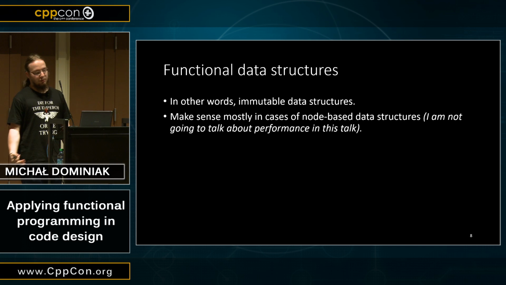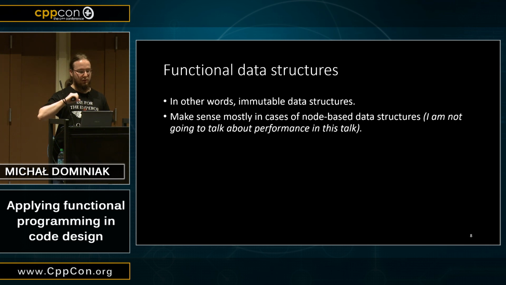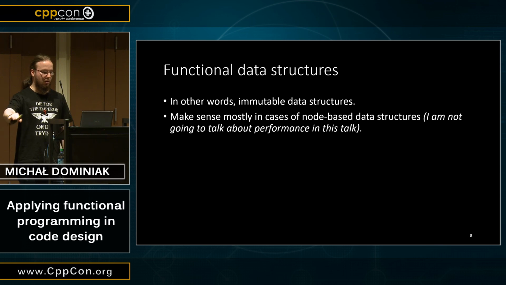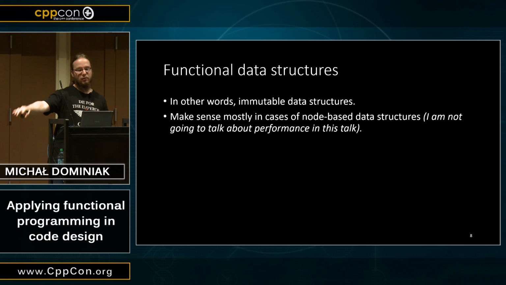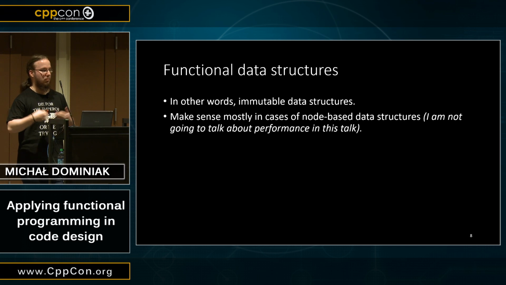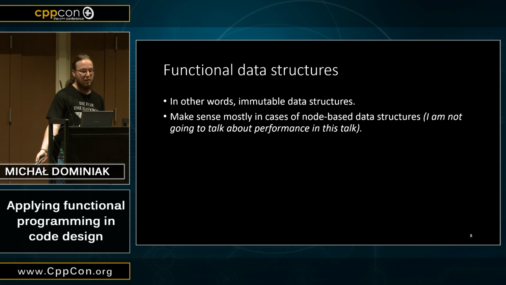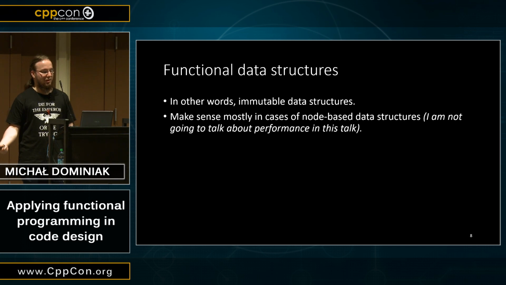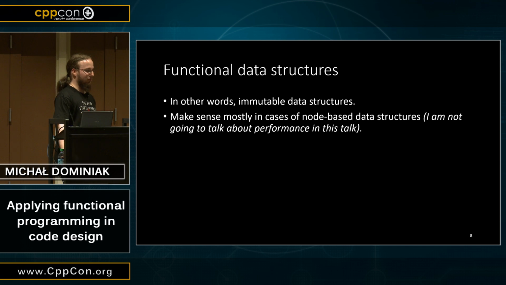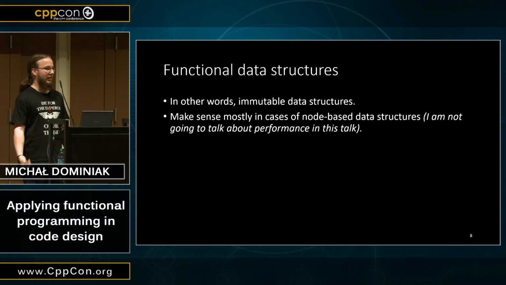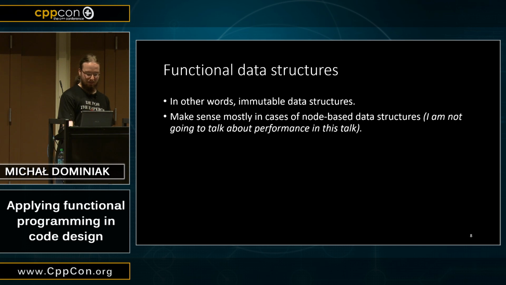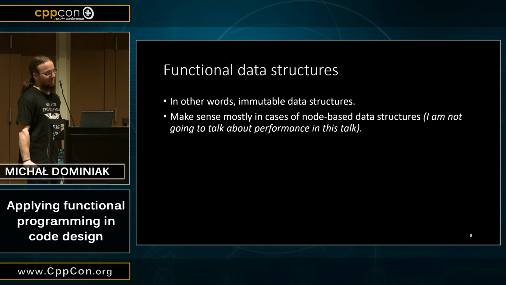Usually the only case where they make sense is node-based containers, because we can share ownership of individual nodes between multiple data structures. I'm consciously not touching the topic of performance caused by cache misses; this is not in the scope of this talk.